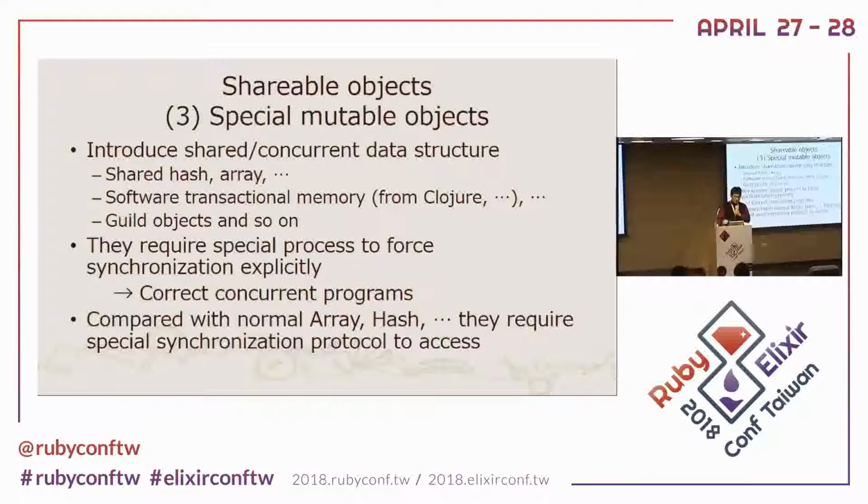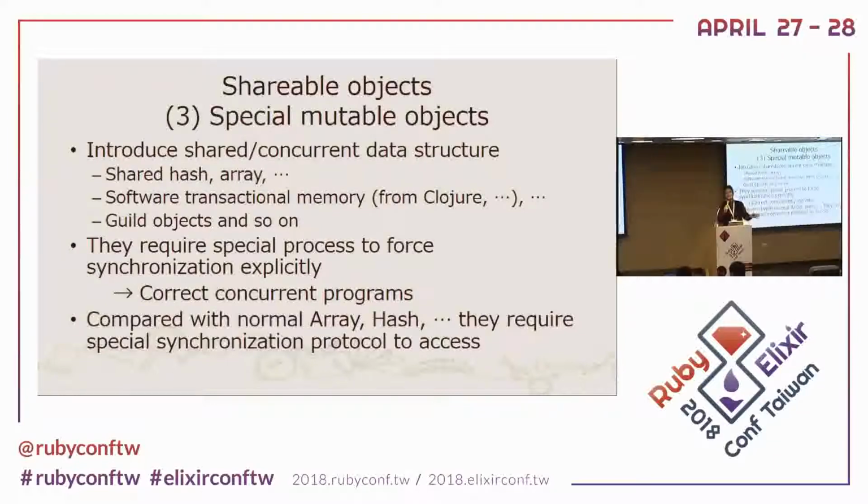And we will introduce some special mutable objects like software transactional memory or something like that. It's called a concurrent data structure, and they require a special process for synchronization. It means that we need to begin a transaction for such concurrent data structures.